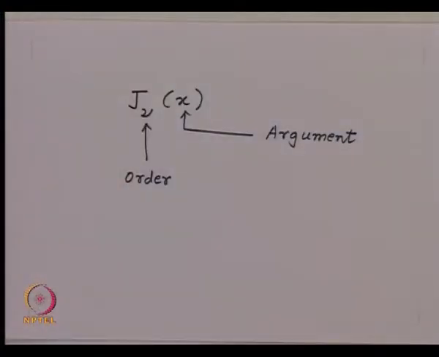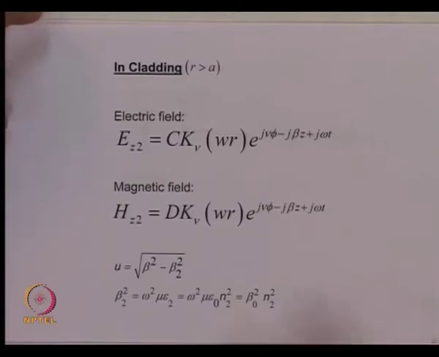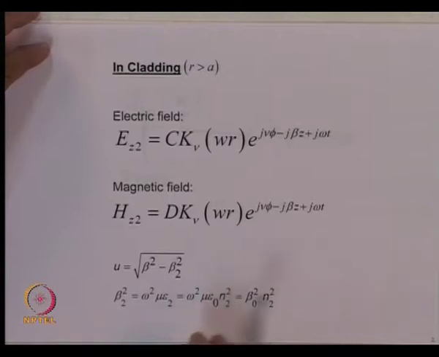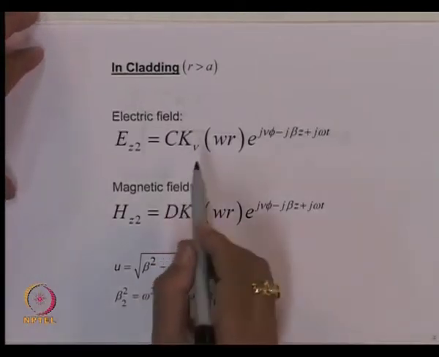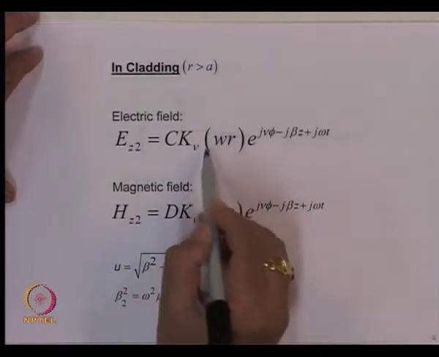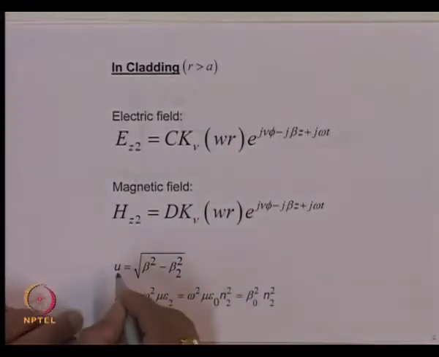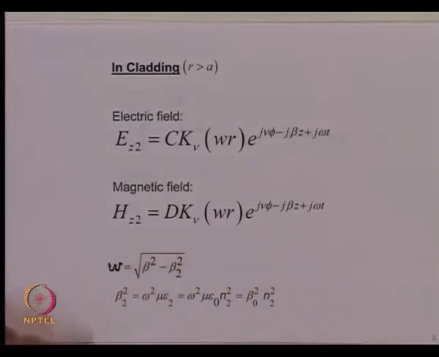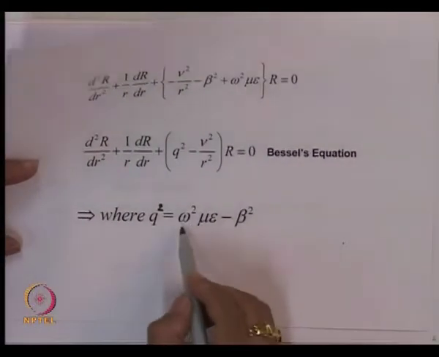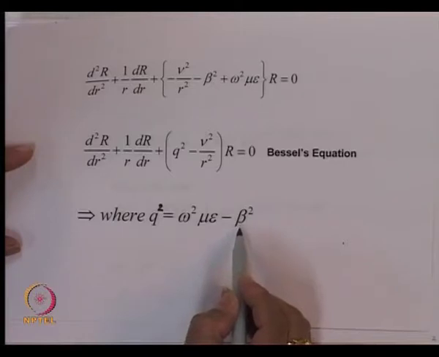Similarly, we can write for the fields inside the cladding, where C is some arbitrary constant which defines the amplitude of the fields, and K now is the modified Bessel function with the argument W R, where W is defined as this. So, what we have done here, we have this quantity Q square, which is omega square mu epsilon minus beta square.